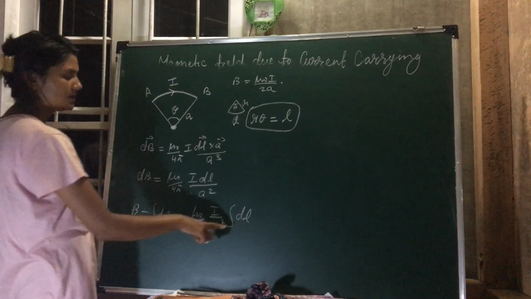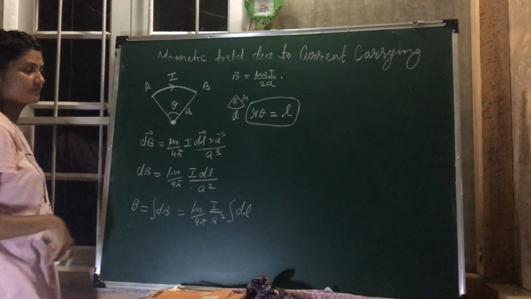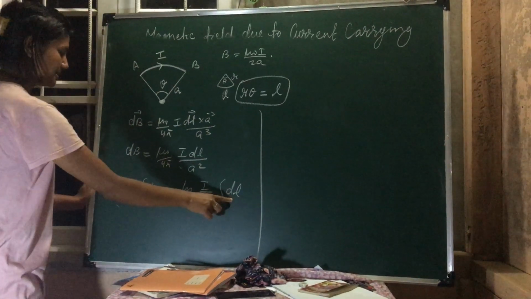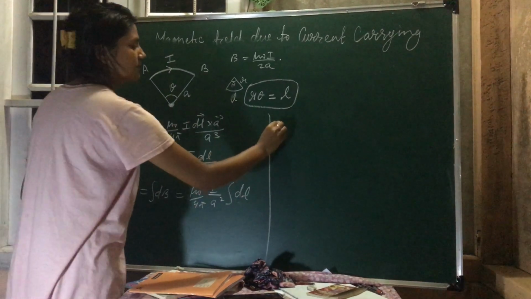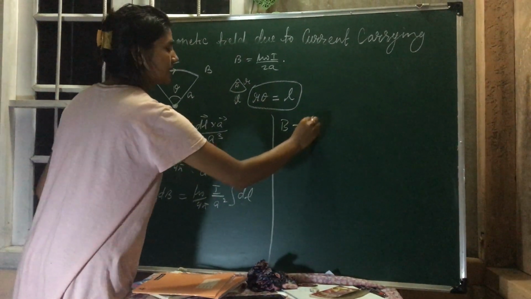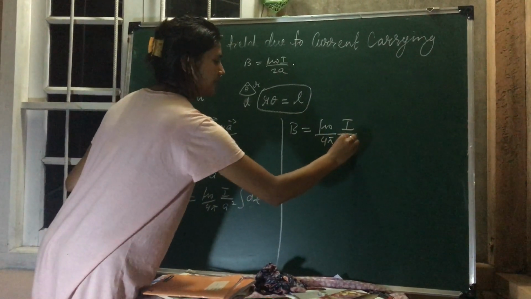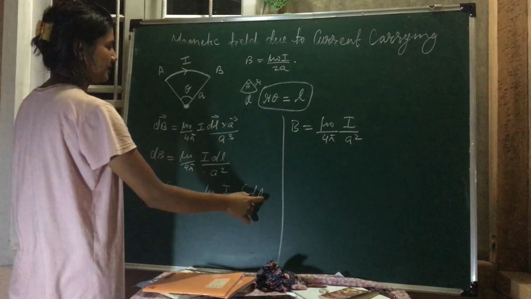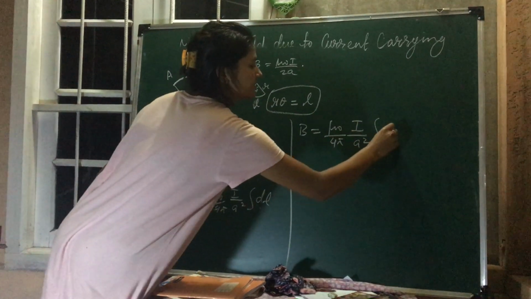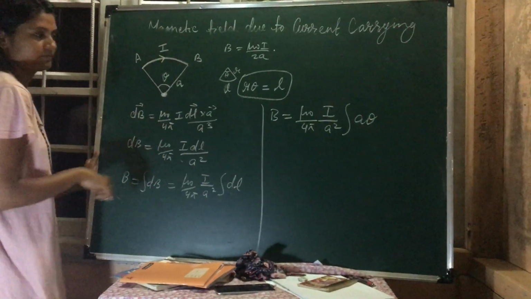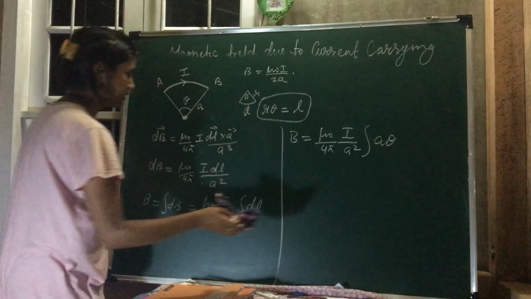So B is equal to mu 0 by 4 pi, I by A square, and in place of dl, I can write A theta.